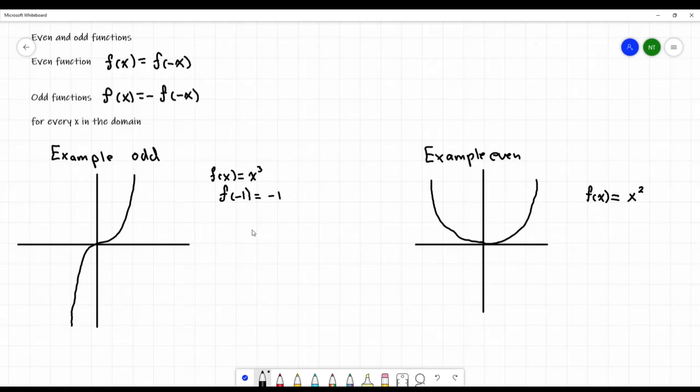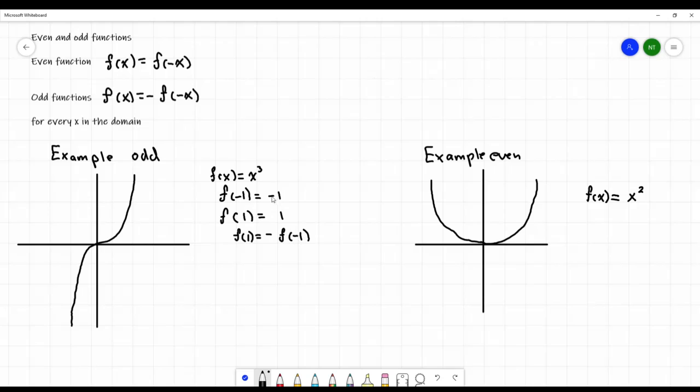Now, if I plugged in f of 1, which is minus minus 1, it is going to equal 1. But for this property to hold, f of 1 must equal minus f of minus 1, which it does, right?